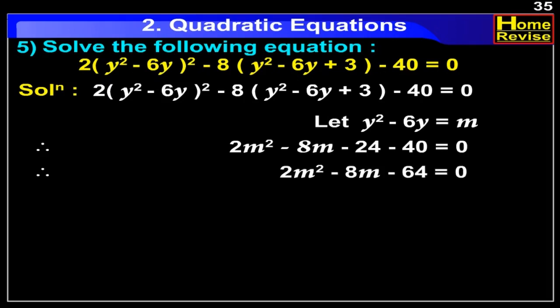Therefore, 2m² − 8m − 64 = 0. Dividing the equation by 2 on both sides, we get m² − 4m − 32 = 0.